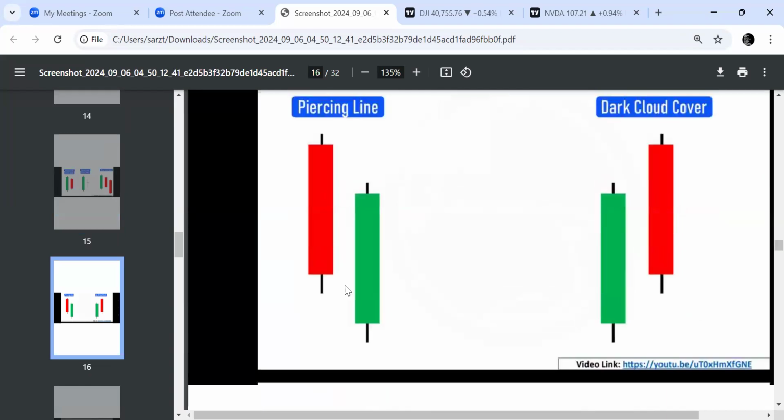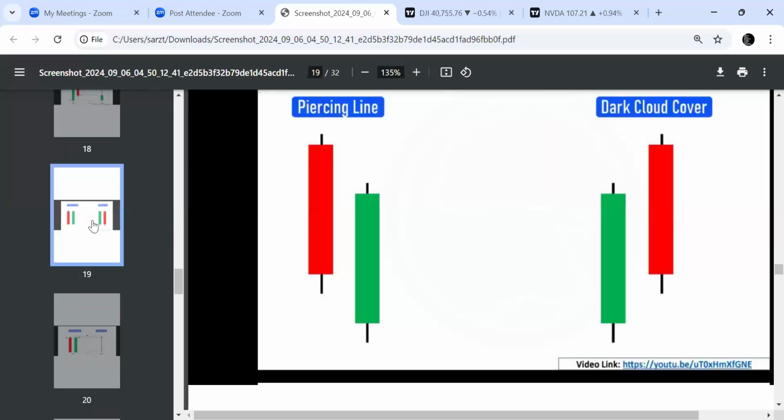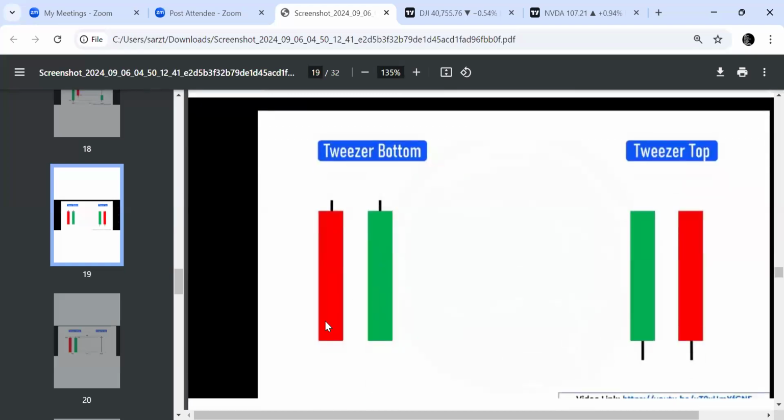In piercing line, it has to gap down, and then it needs to cover 50% of the previous candle. And in dark cloud cover, it has to gap up and it needs to cover at least 50% of the previous candle, and then tweezer bottom and tweezer top without breaking the lows of previous candles.